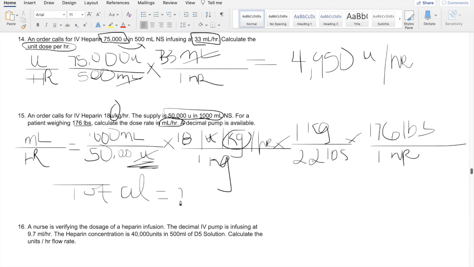So our total is going to be 28.8, and we're going to round that off to 29.